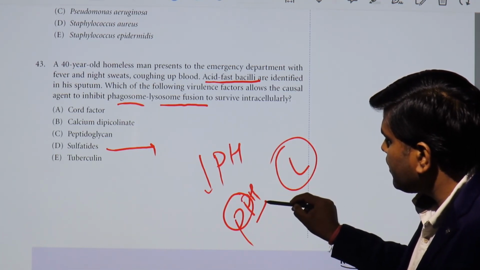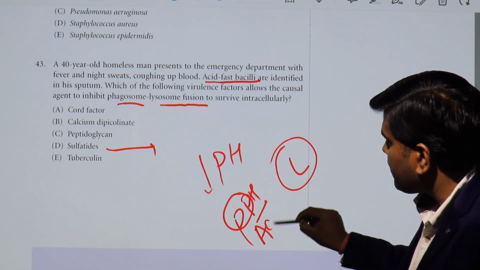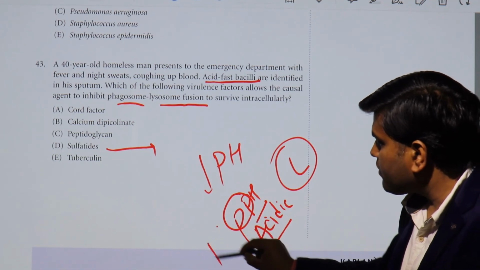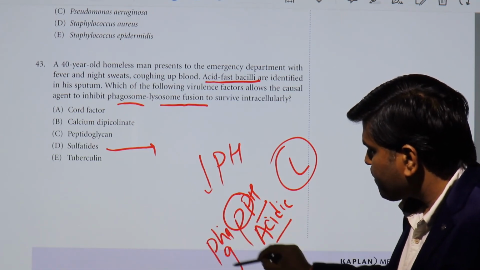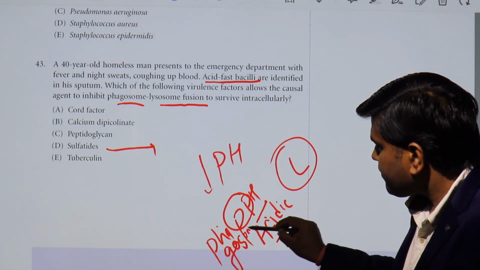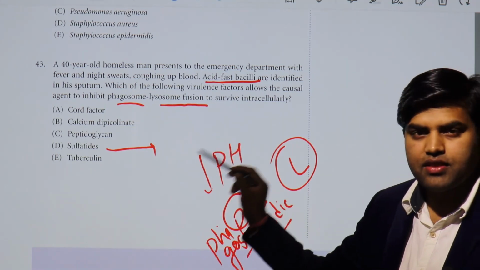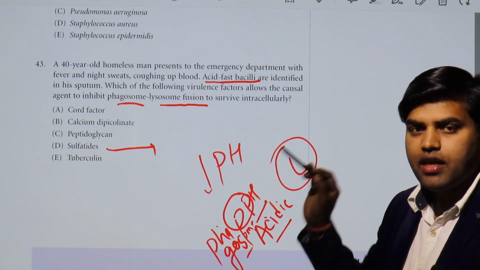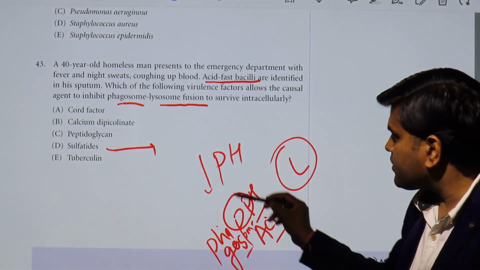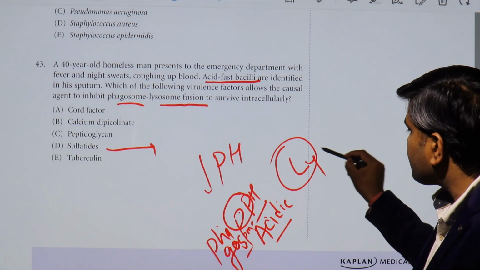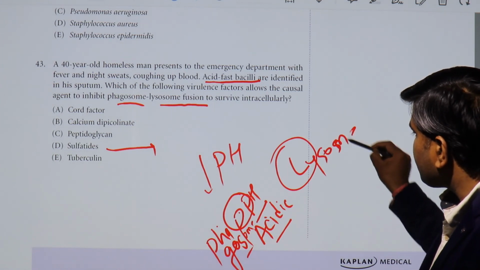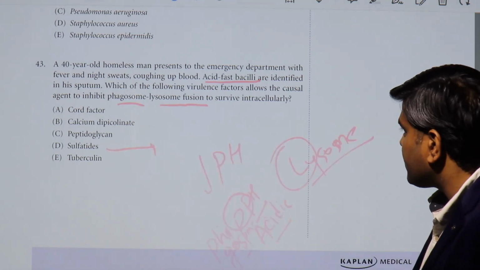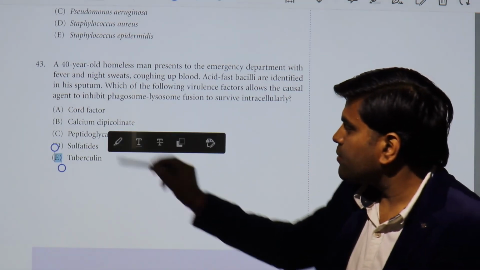The bacteria has sulfatides, which are sulfolipids that break down into sulfuric acid, causing the acidic environment and preventing the phagosome from fusing with the lysosome. That is the important point to understand. So your answer is sulfatides.